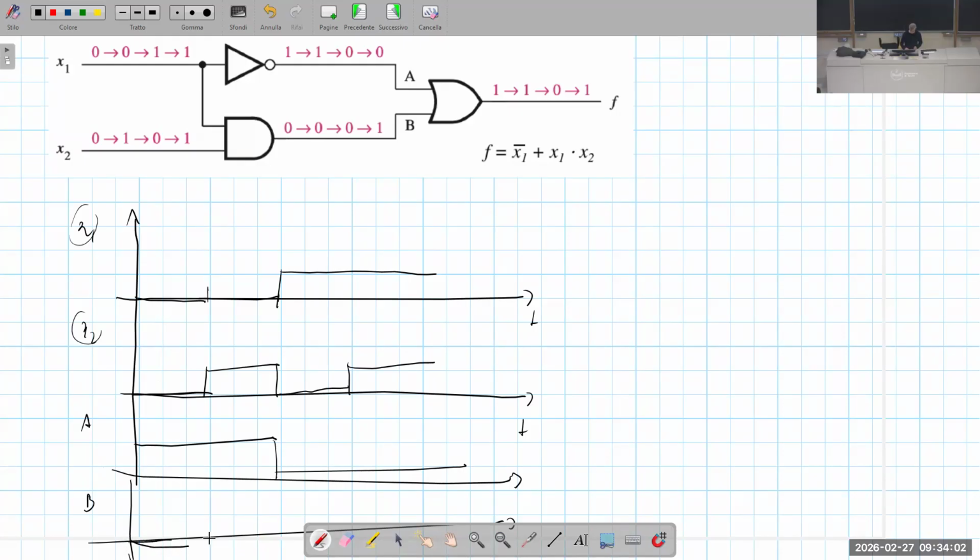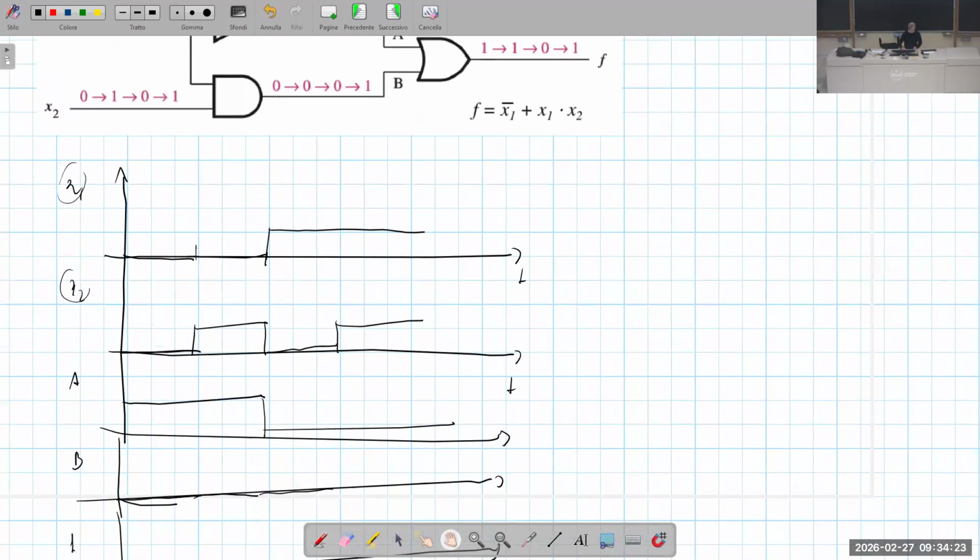When we have x1 at 1 and x2 at 0, B is 0. When we have x1 and x2 both at 1, B goes to 1.